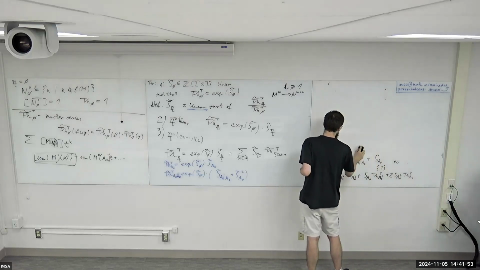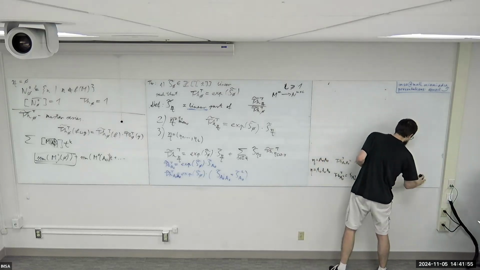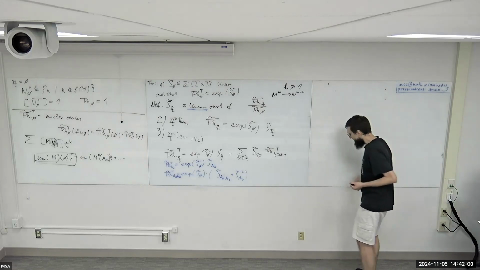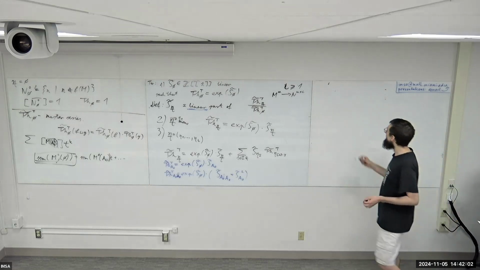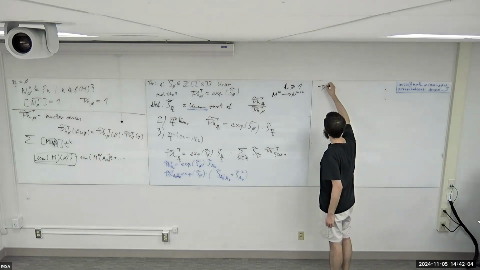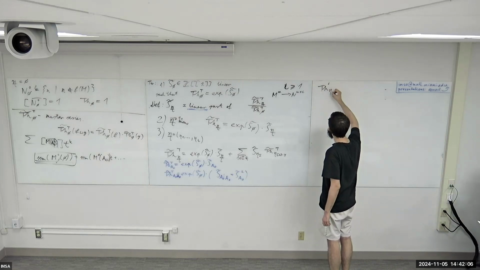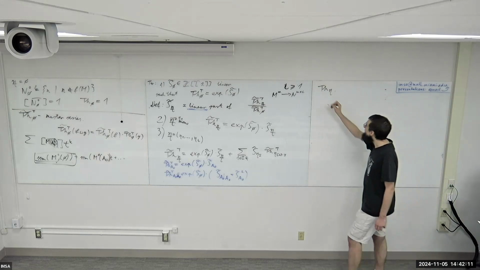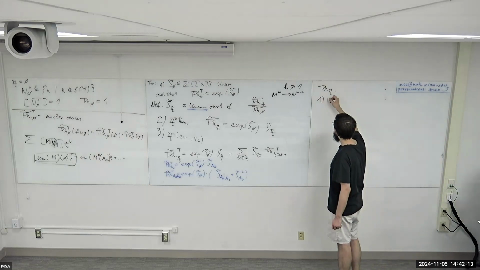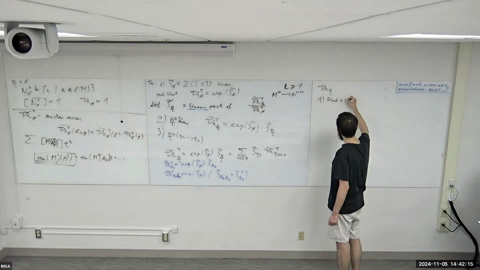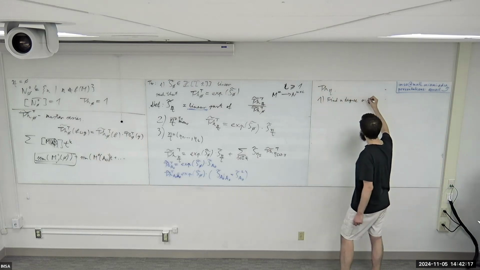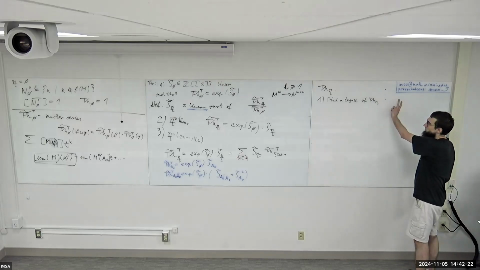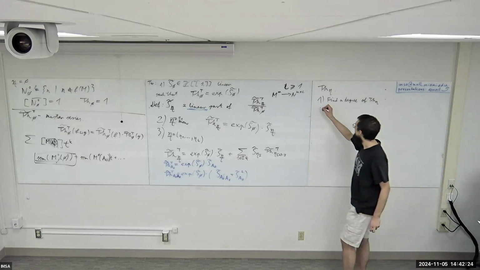If you want to compute a Thom polynomial of a single singularity, the interpolation method says first find the degree of the Thom polynomial, and there is a formula for this part.